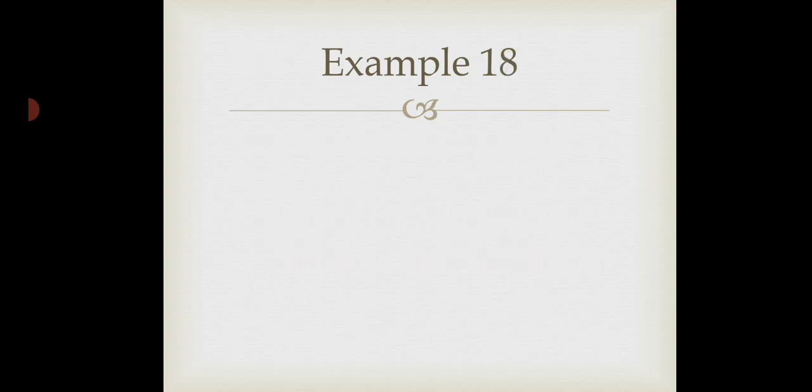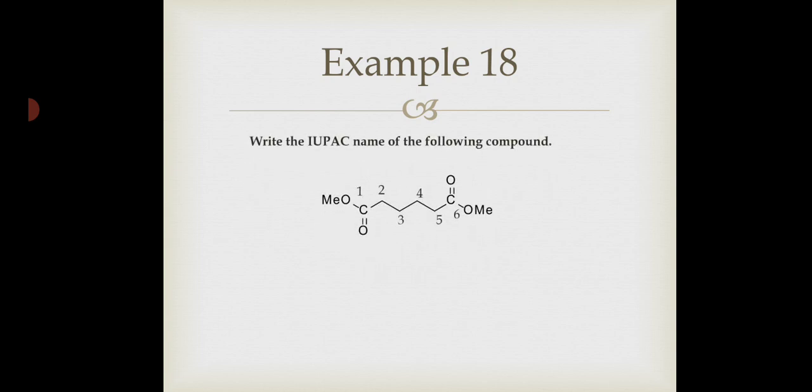Now coming to example 18. We have converted the compound in example 7 into a dimethyl ester. So, the name of the compound, guess what? It will be definitely dimethyl hexane dioate.